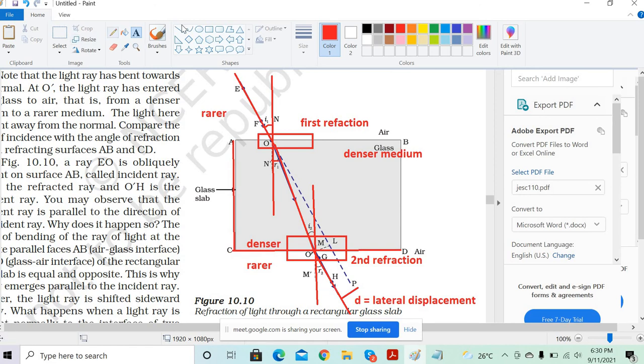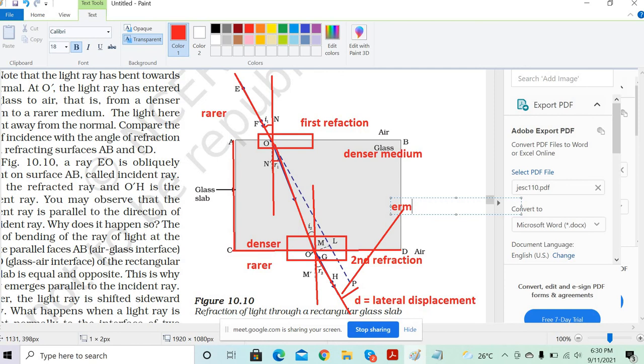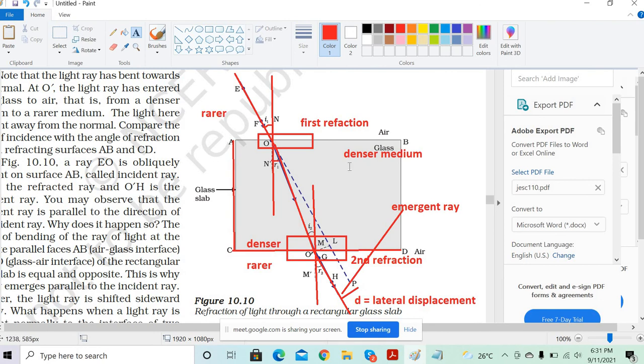Remember that this ray which is coming here is also called the emergent ray, because it comes out after the two refractions, first at this surface and second at this surface. After coming out of the denser medium, it goes back to the rarer medium. That's why it's called the emergent ray.